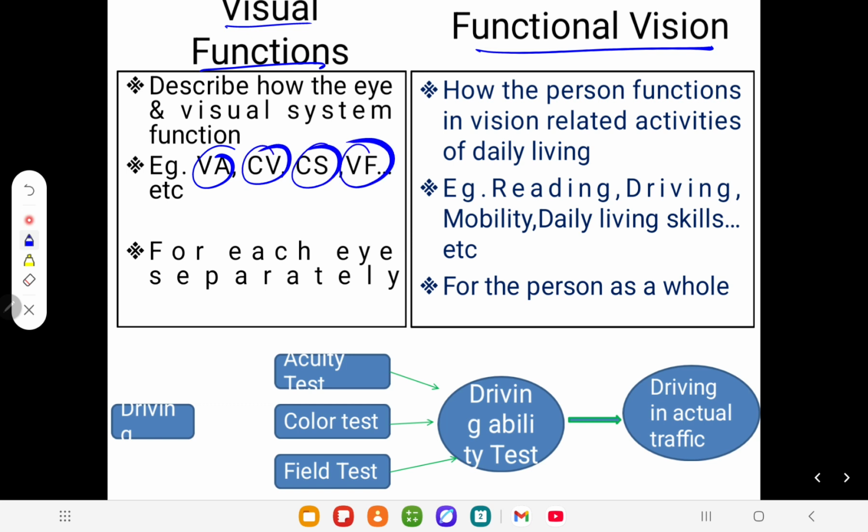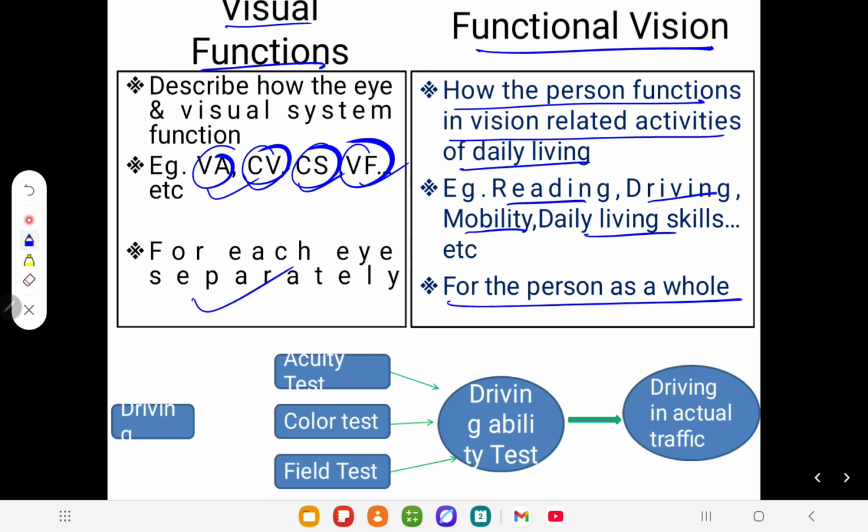Even color vision, contrast sensitivity, visual acuity, these are very important visual functions, tested for each eye separately. But functional vision means how the person functions in vision-related activities. That's functional vision. For example, reading, driving, mobility, daily living tasks, for a person as a whole.